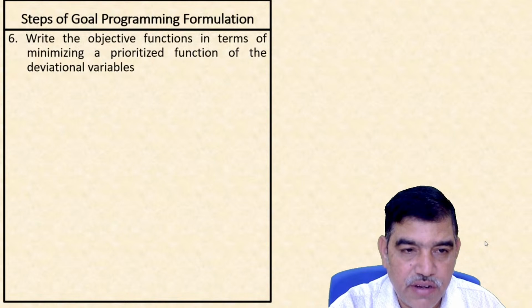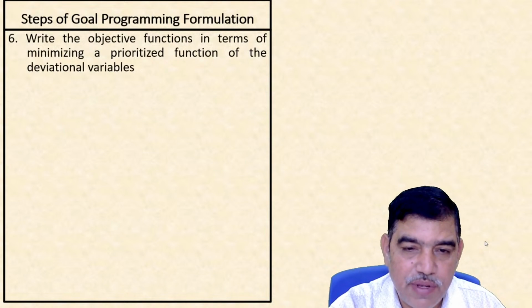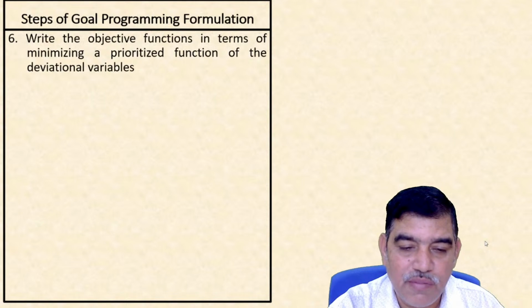Again, I repeat here. Goal programming is a mathematical programming model. It is a special case of a mathematical programming model, just like LPP. In LPP, there is only one objective function. But in goal programming, there are multiple objective functions. So we can use the deviational variables to solve the goal programming.